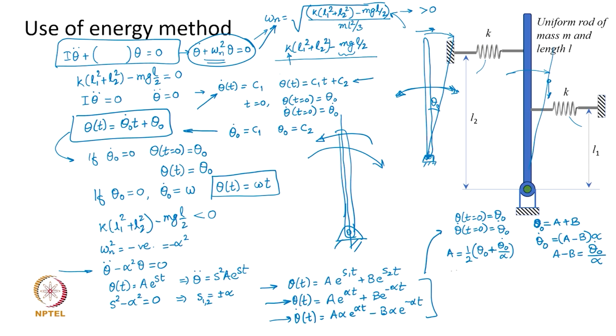And you can definitely substitute for a in this expression to get b. Then b will be equal to theta naught minus a, and a itself is half of theta naught plus theta naught dot by alpha, right. So, that gives me b equal to half of theta naught minus theta naught dot by alpha.